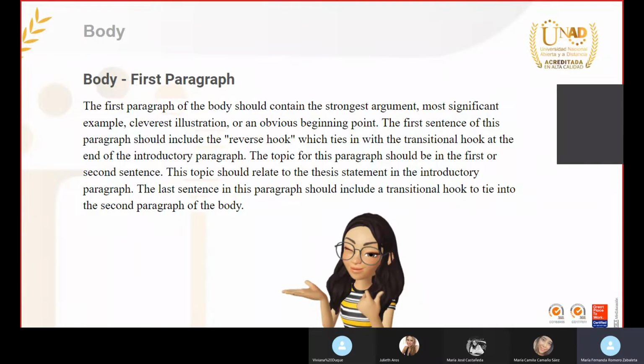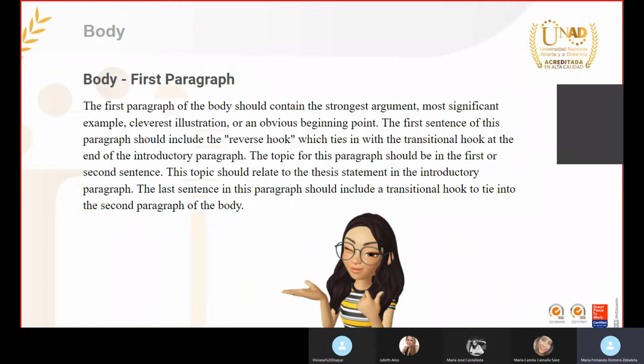Okay, the beginning point of the topic. The first sentence of this paragraph should include the reverse hook, using maybe the same words, not in the same order, of the last sentence of the previous paragraph. That ties the transitional hook at the end of the introductory paragraph. So the topic for this paragraph should be in the first or second sentence.